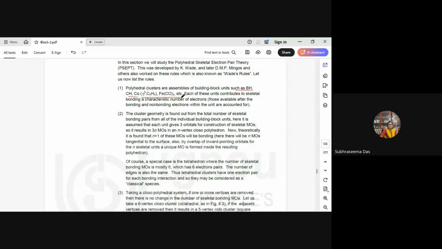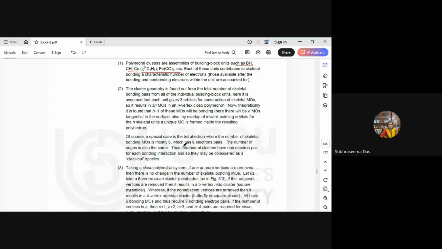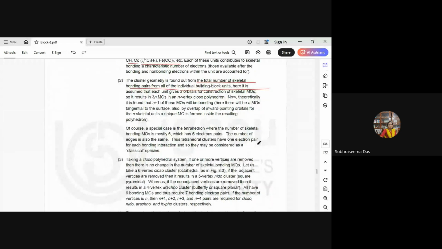Then the remaining electrons present in the skeleton are taken into account. The cluster geometry is found from the total number of skeletal bonding pairs from all of the individual building block units. Here it is assumed that each unit gives 3 orbitals for construction of skeletal MOs. So it results in 3n MOs in an n vertex polyhedron.